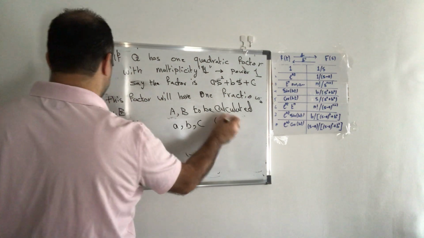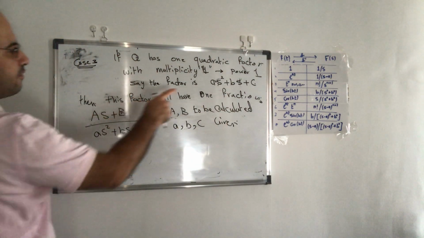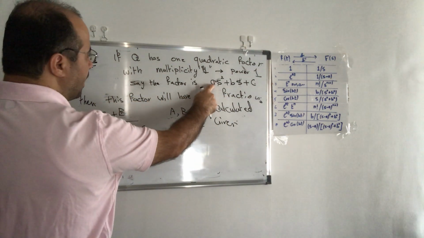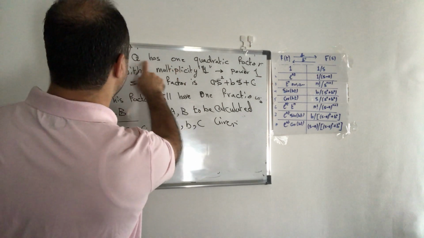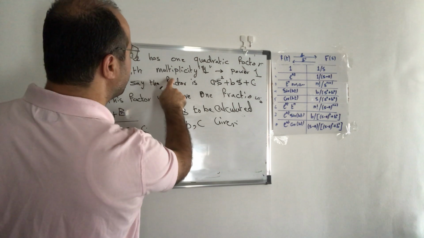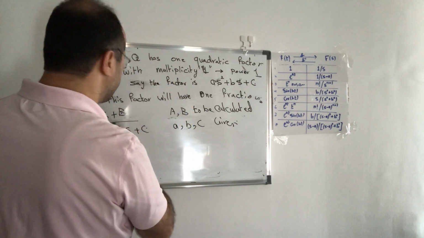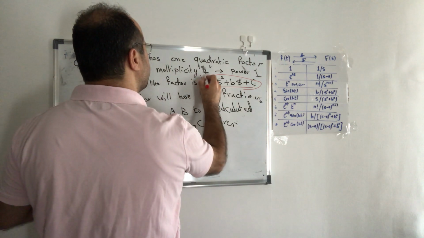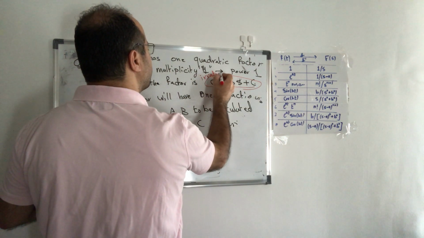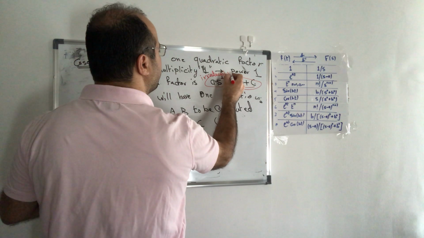Yeah? Now, if you have this, did I say Q has one quadratic factor, which is irreducible? I forgot this, so I'm going to add that this is an irreducible factor.